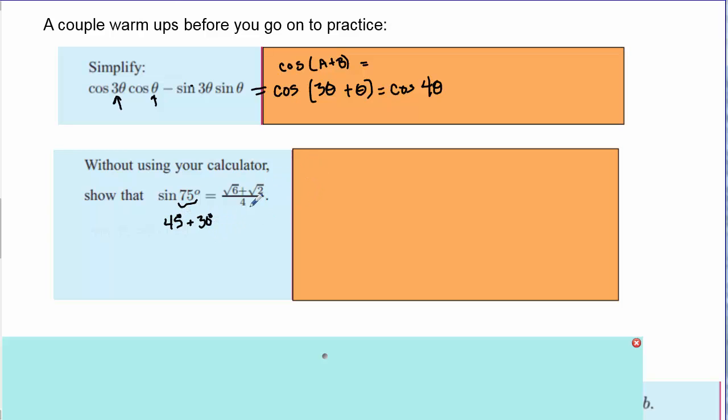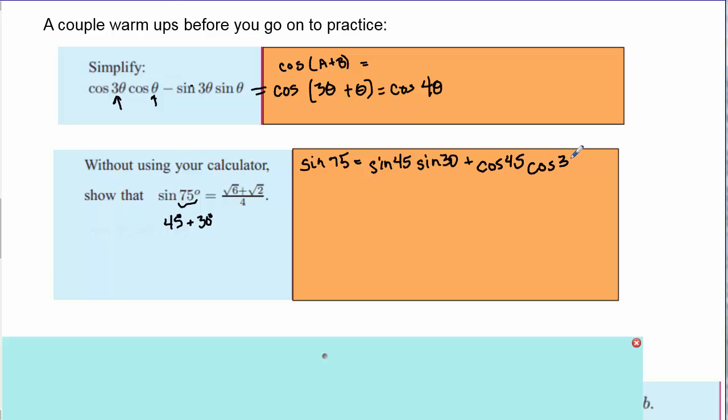So we're going to use our sum of angles formula to say that the sine of 75 is equal to the sine of 45 plus 30, and that is sine 45 cosine 30 plus cosine 45 sine 30.